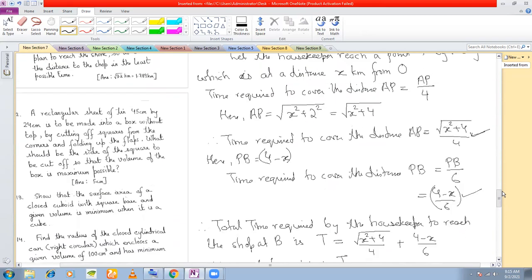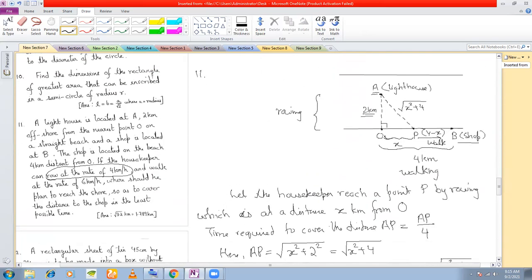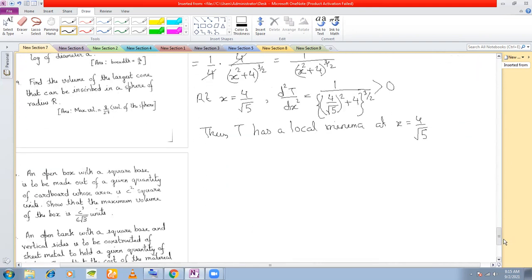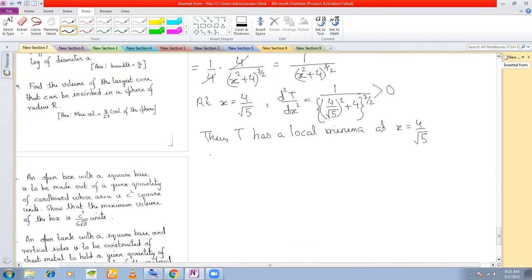And what is x here? X is the distance which is reaching on the shoreline after swimming, not swimming, in fact rowing, a distance of AP, right? So you have to find out x. We have found out x.